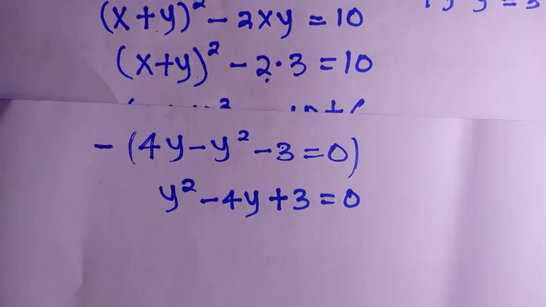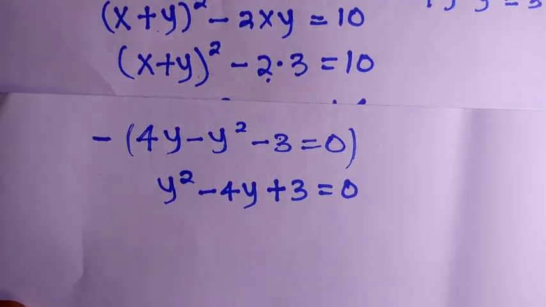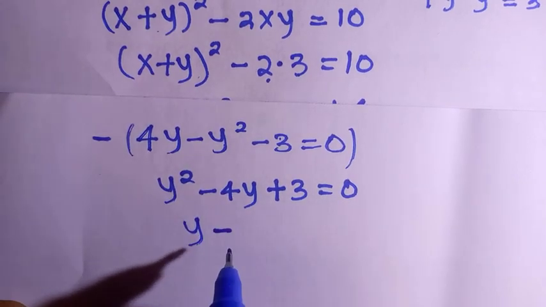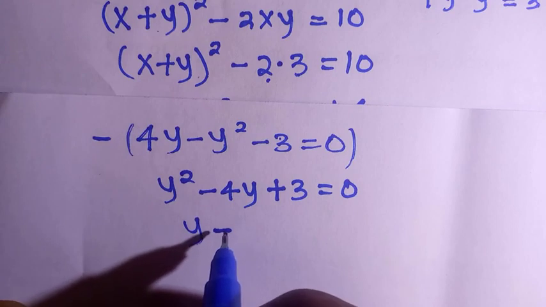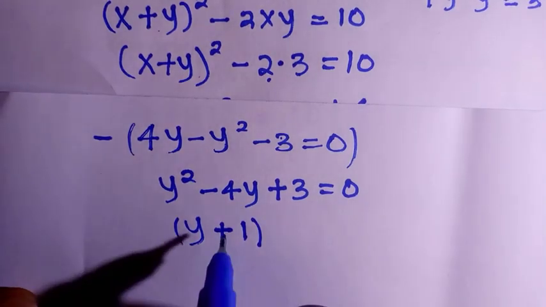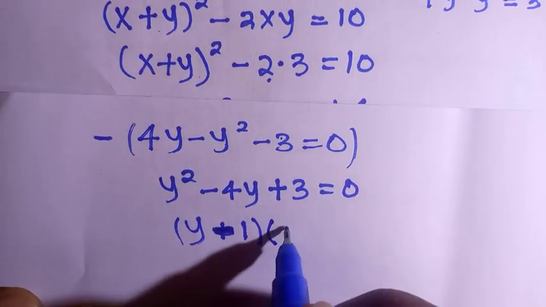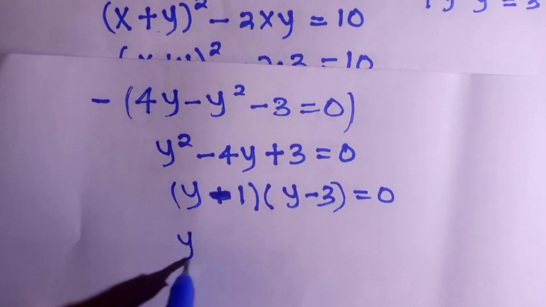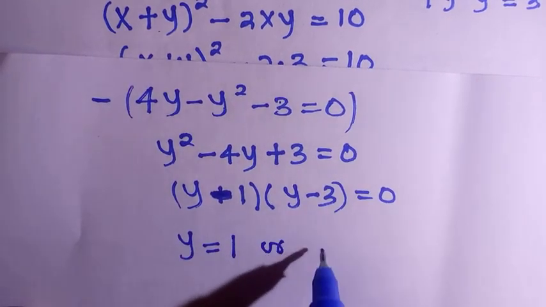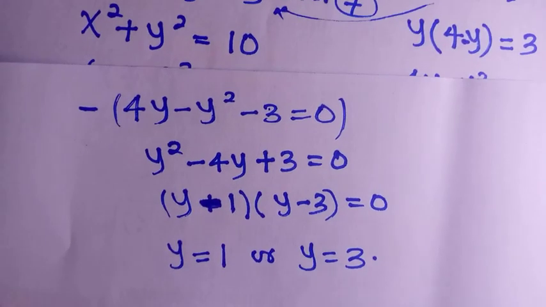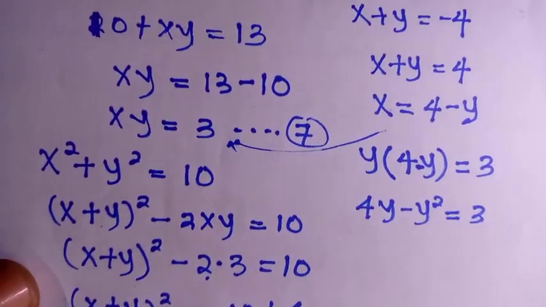You can factorize this using quadratic factorization, and this becomes (y minus 1)(y minus 3) equals 0. Which means y equals 1 or y equals 3 as the two solutions for y. Then let's see x.